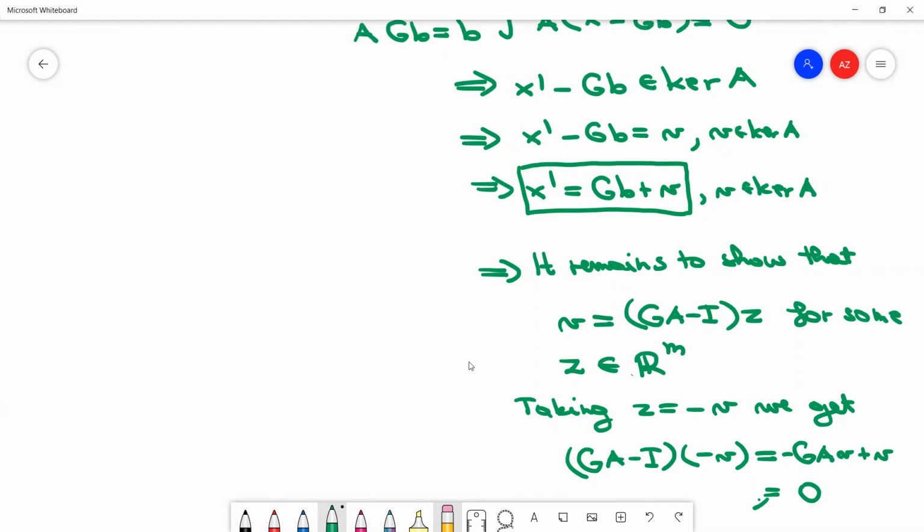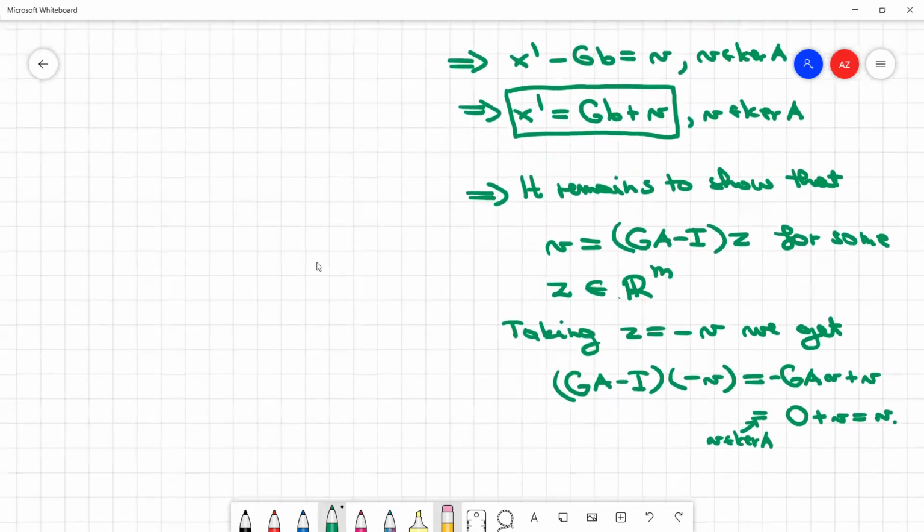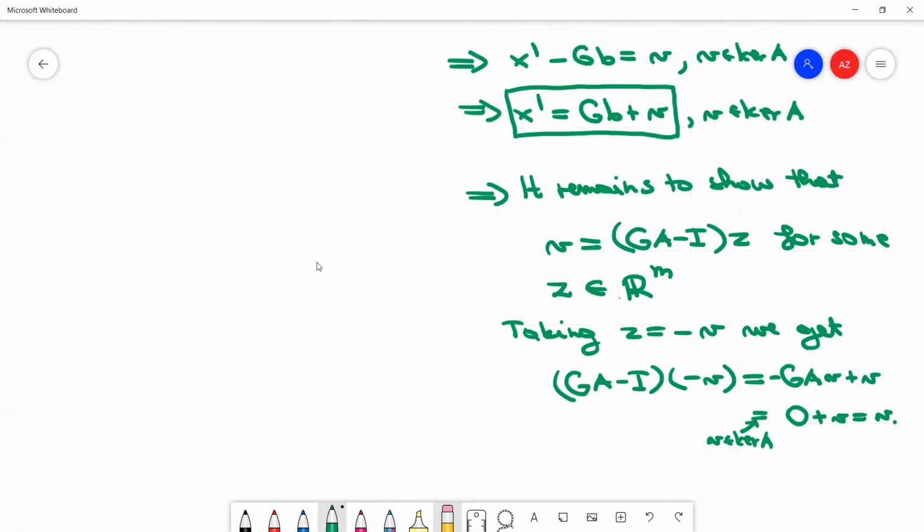So here we use that V is from the kernel of A, and we got V. So this proves our theorem.